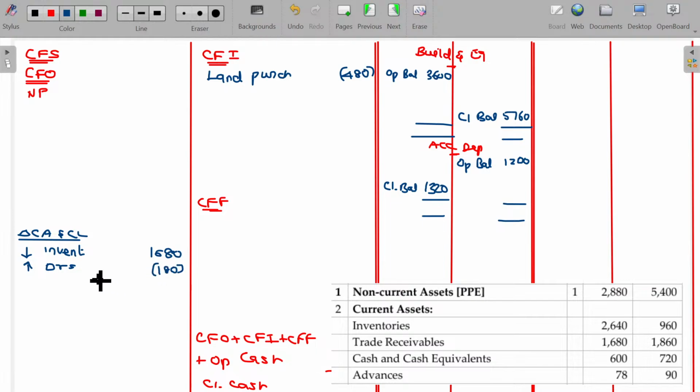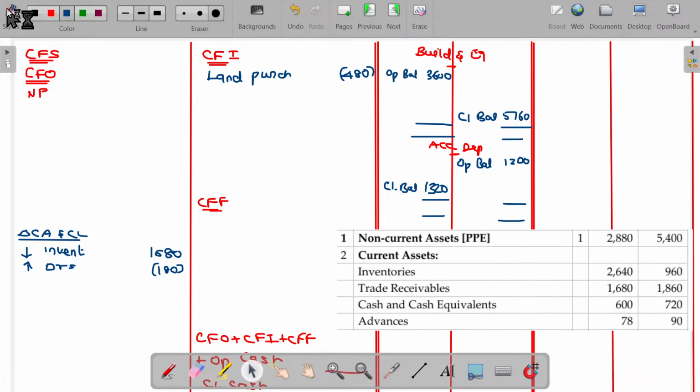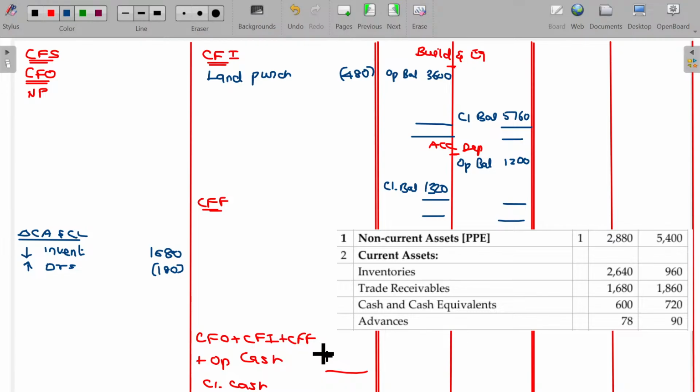Money has been locked. Cash and cash equivalents: in the beginning we have 600 rupees opening and closing being 720. So it is very clear that cash from operation, investing and financing put together should be 120. What about the advances?